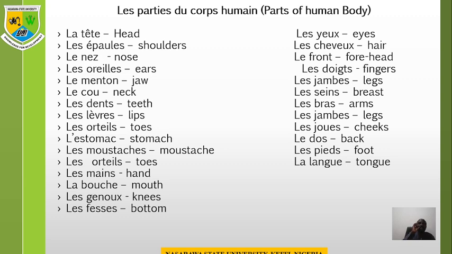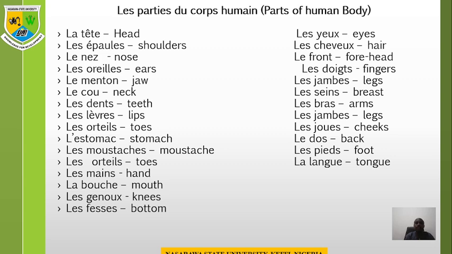Les moustaches means moustache in English. Les mains means hands. La bouche means mouth. Les genoux means knees. Les fesses means bottom.